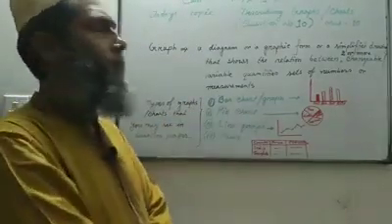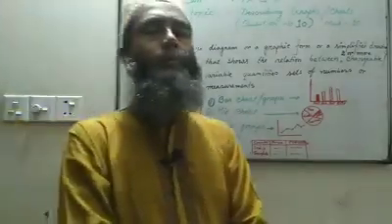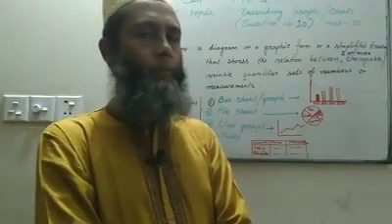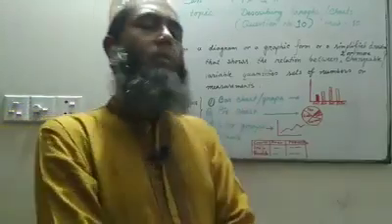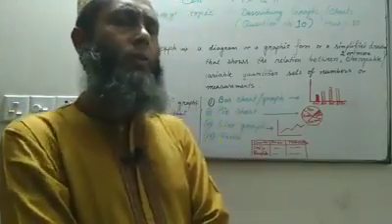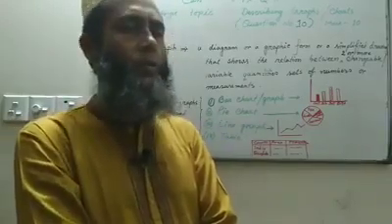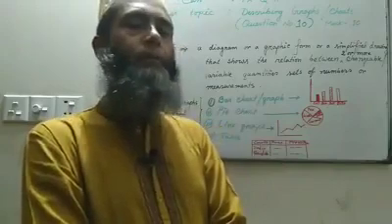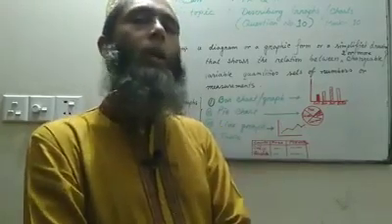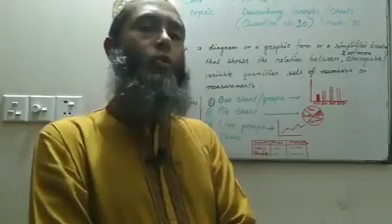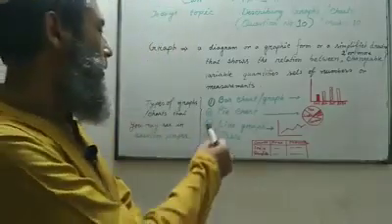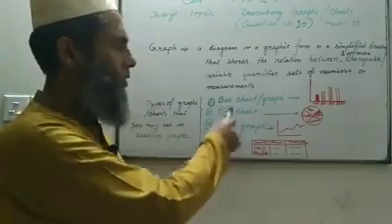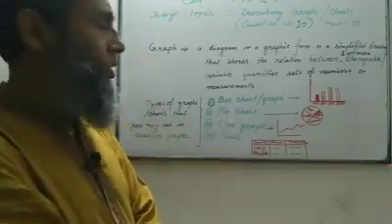How many types of graphs or charts can we see in the question paper? There are many kinds of graphs and charts, but in class 9 and 10, the students usually face these four types of graphs or charts.